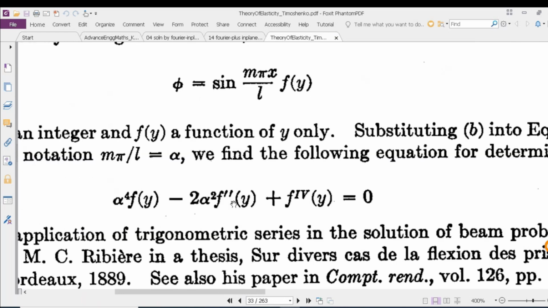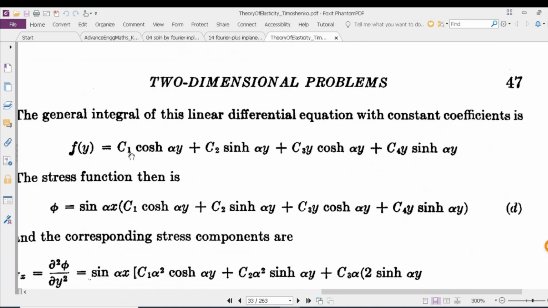Thus, we will get the equation alpha 4 f of y minus 2 alpha square f double dash y plus f4 y equal to 0. This is a characteristic equation, and from this equation we can get our function f of y equal to c1 cos hyperbolic alpha y plus c2 sine hyperbolic alpha y plus c3 y times cos hyperbolic alpha y plus c4 y times sine hyperbolic alpha y.